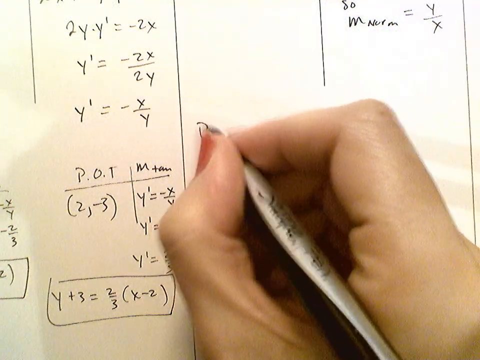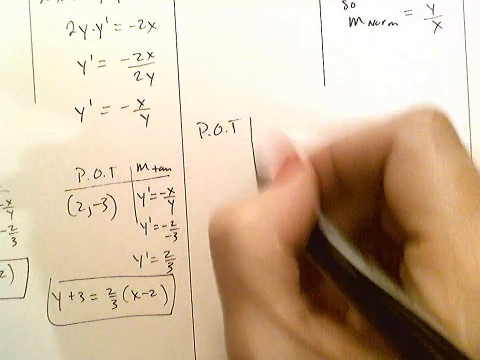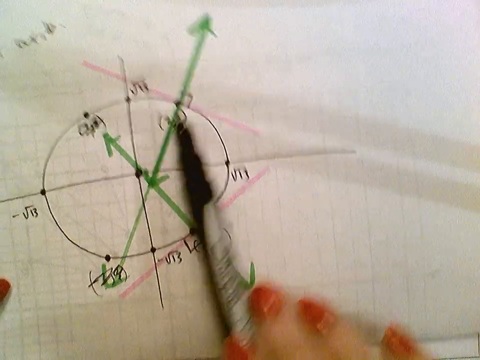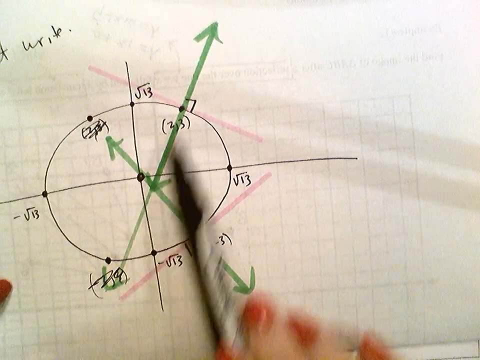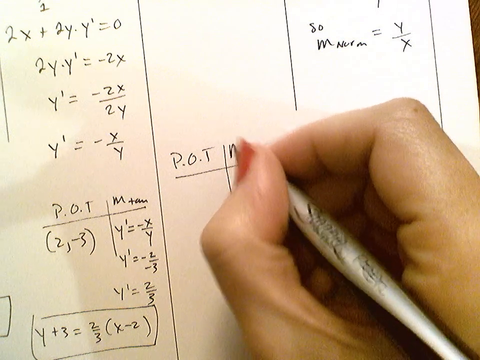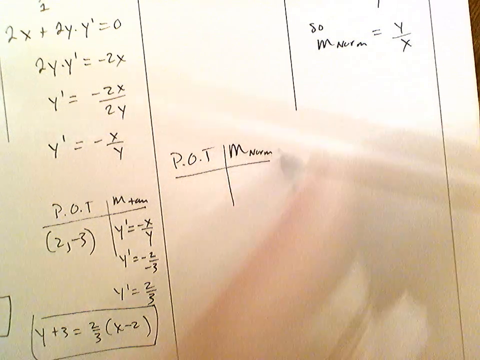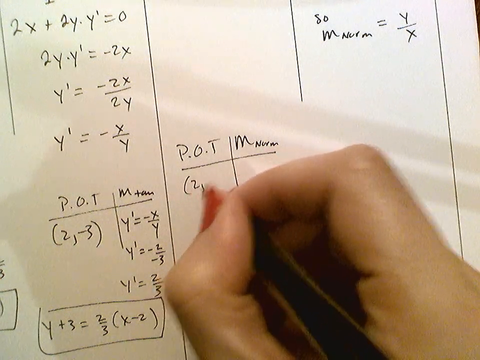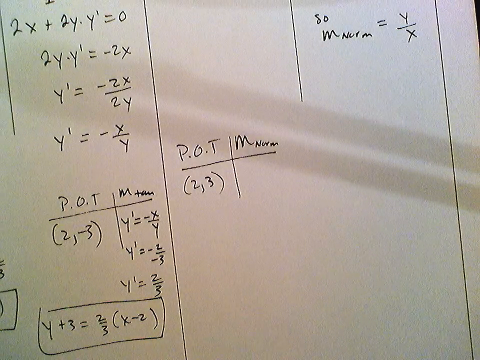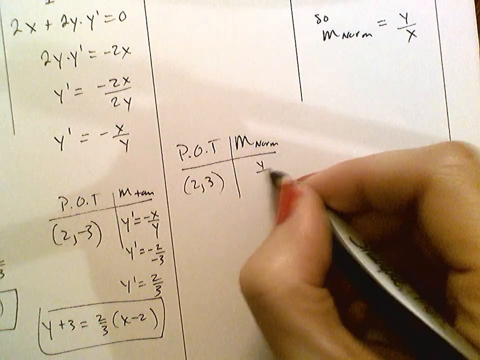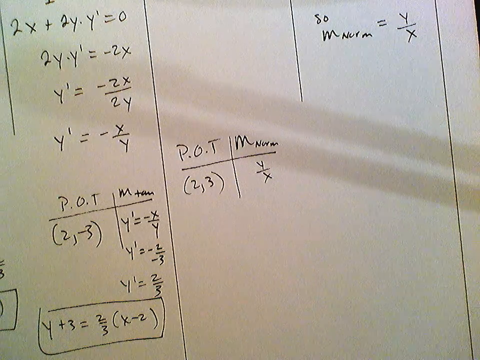So we still use the point of tangency. The normal line still goes through the point of tangency, but we're going to be using the slope of the normal line. So we still need the point of tangency, and then here we need m norm. So the point of tangency here is (2, 3), and then m norm is going to be y over x.